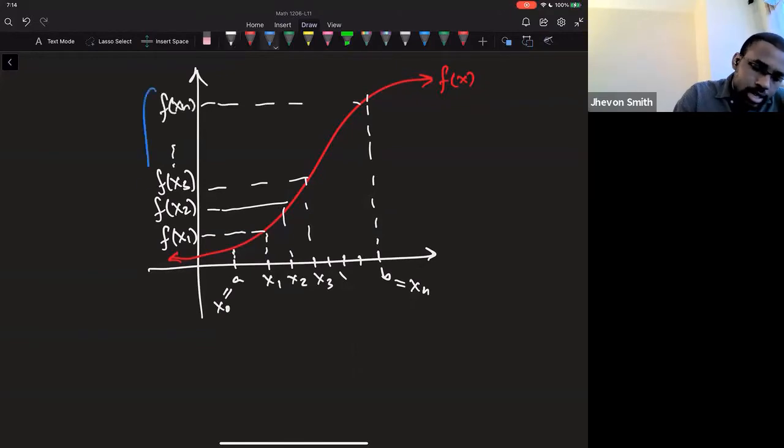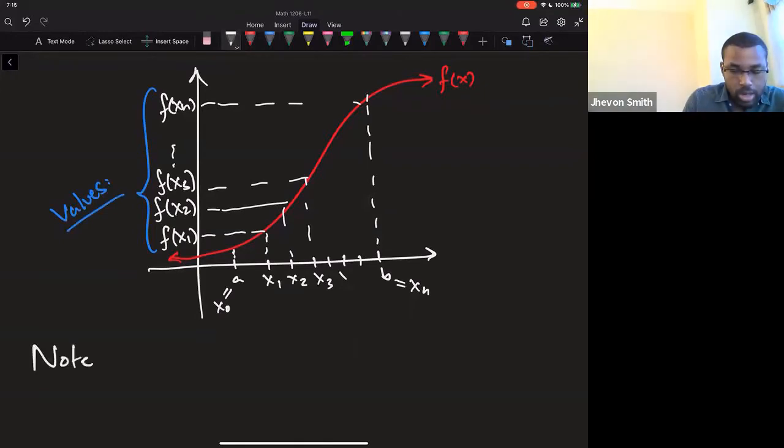So these guys here are all the values. And I want you to note something in particular. Note there is an infinite number of them.